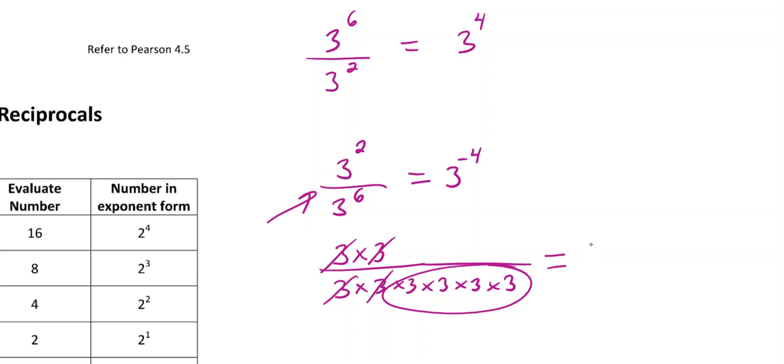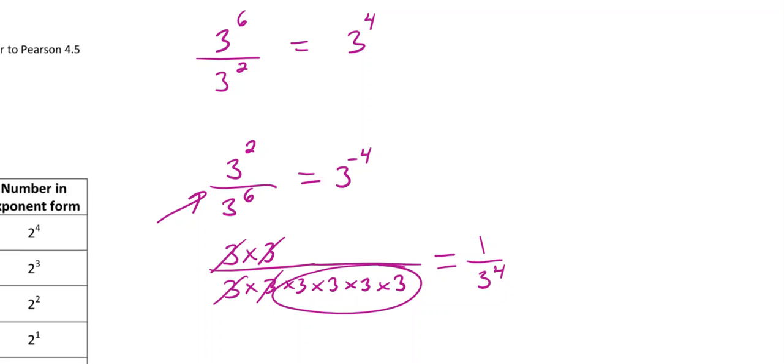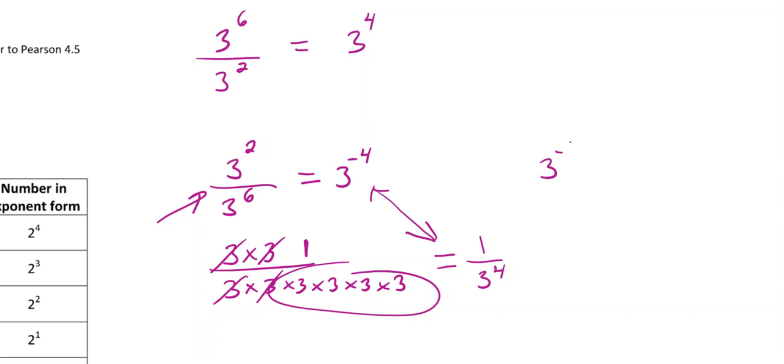That could all be written as 1 over 3 to the 4. There'd still be a 1 up top. So 3 to the power of negative 4 really is the same thing as 1 over 3 to the 4. They are the same thing.